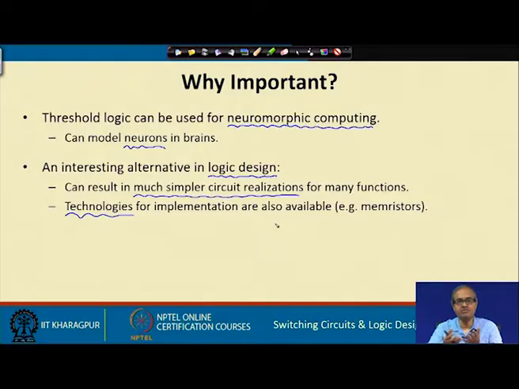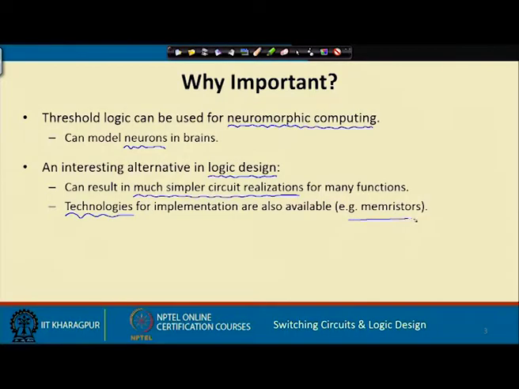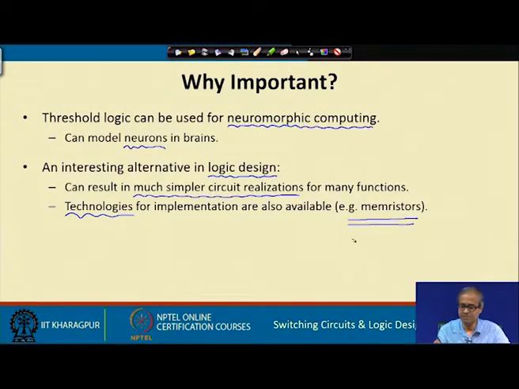Earlier the technology was not available, that is why people did not build circuits using threshold gates, but today people are thinking about building them. For example, we talked about memristors earlier. Using memristors, people are working very actively towards building such threshold logic gates, with applications in neuromorphic computing. Okay? Fine.